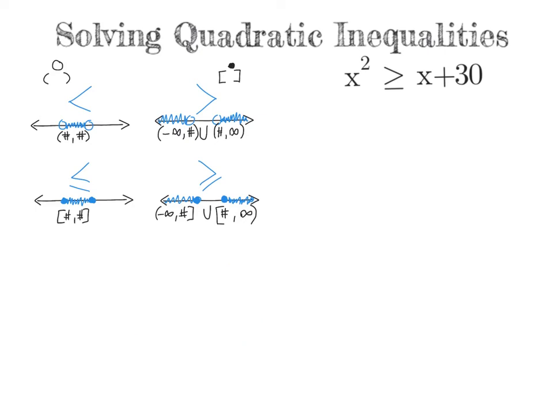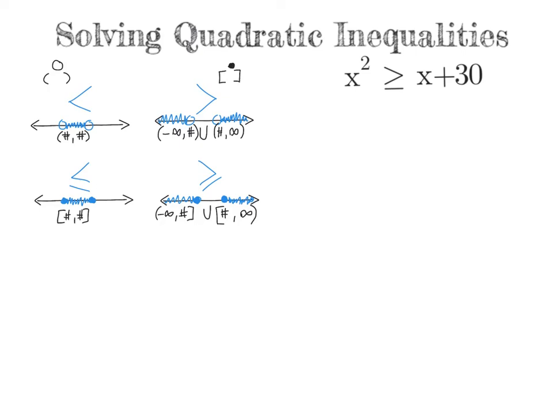So when I'm looking at this, where do I move everything? Do I move it to the left or to the right? Honestly, the easiest thing is to always make sure that the x squared is positive. So if x squared is positive on the left, move these two to the left. If the x squared is negative, then I would move the x squared to the right to make sure it is positive.